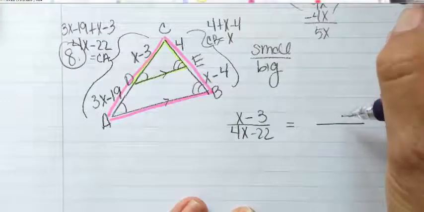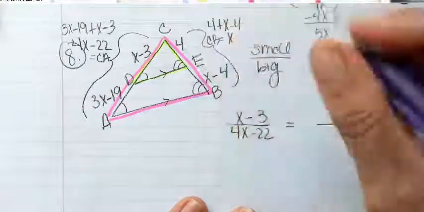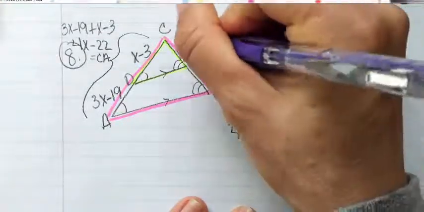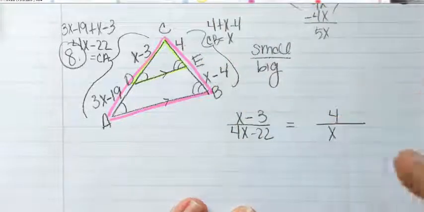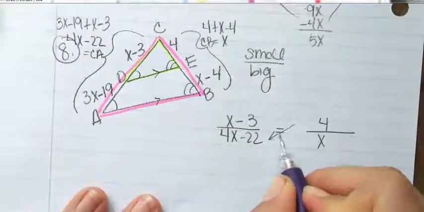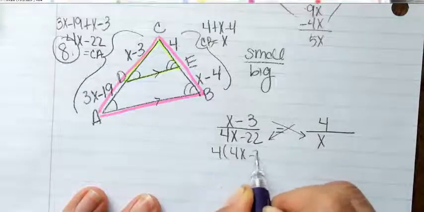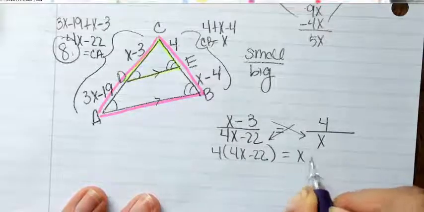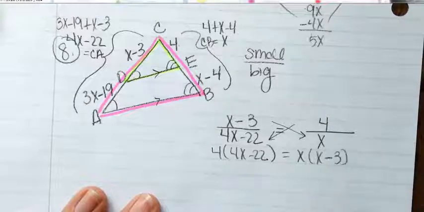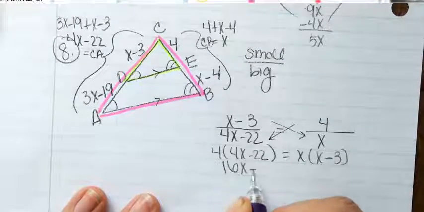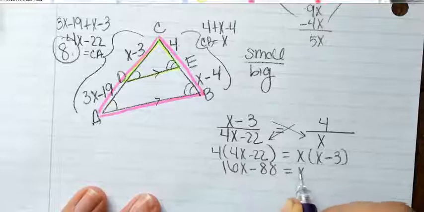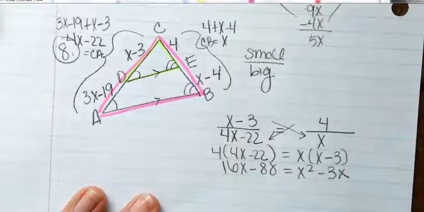And then over here, I'll do a similar small, which is 4, over the larger CB, which is just x. And then I'm going to cross multiply and solve for x. So I'm going to have 4 times 4x minus 22 equals x times x minus 3, or 16x minus 88 equals x squared minus 3x.